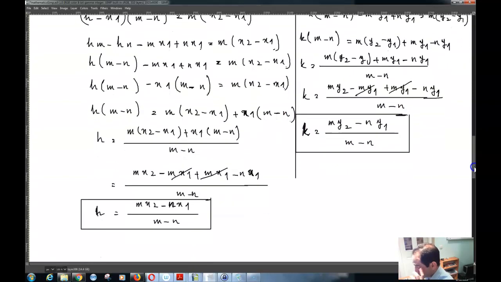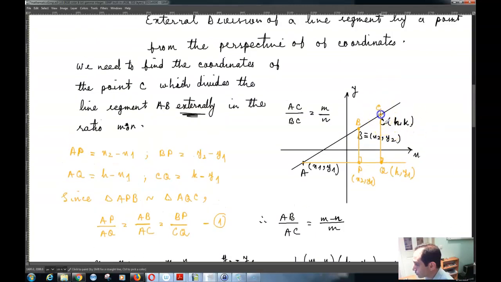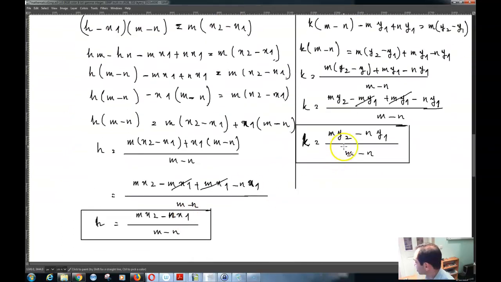So that is basically the coordinates of the point C over here, h and k, and this is your h, this is your k. So that was basically that.